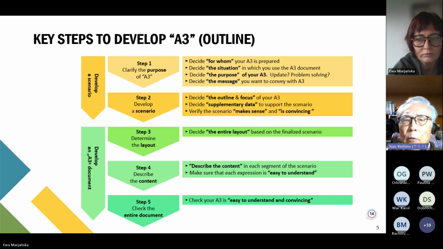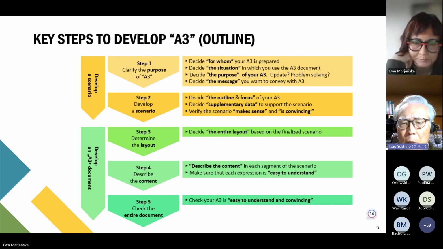What kind of story, what kind of flow of thinking you have to prepare. Based on that step 1, step 2, if you finish it, then based on the scenario, you will create your A3 document. You have to put it down in writing, in typewriting, whatever. So basically, two major steps, major areas. One is step 1, step 2 to develop the scenario.